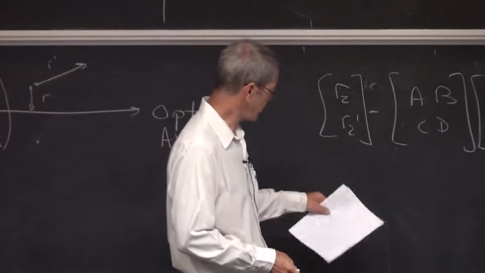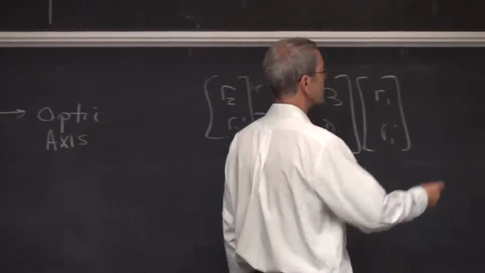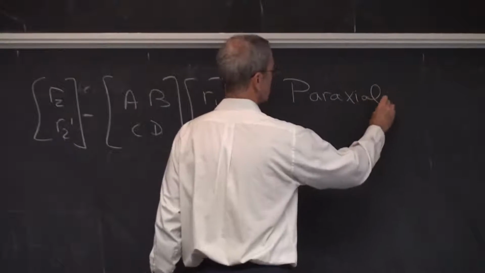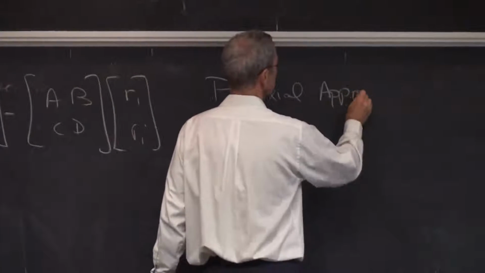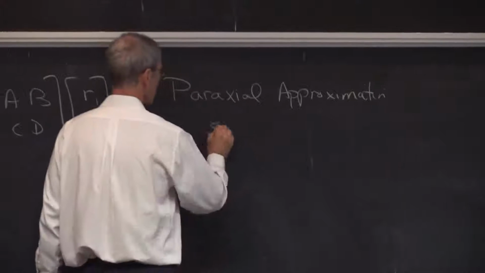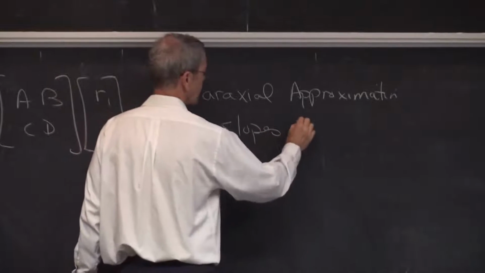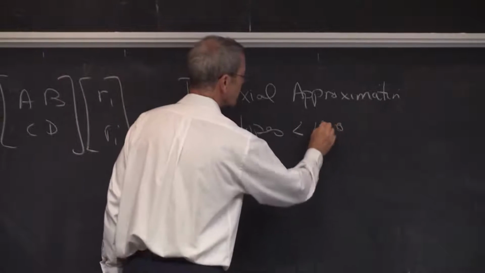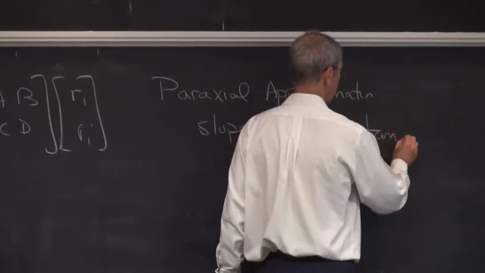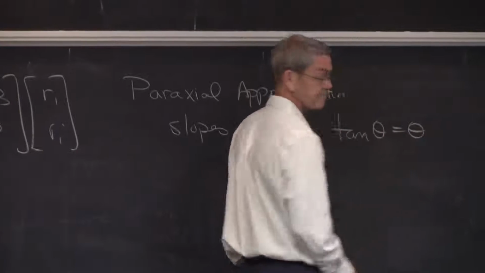The other issue was we talked about the paraxial approximation. In that, we're going to assume that the slopes are usually less than 15 degrees. Effectively, what we're saying is tangent theta equals theta.